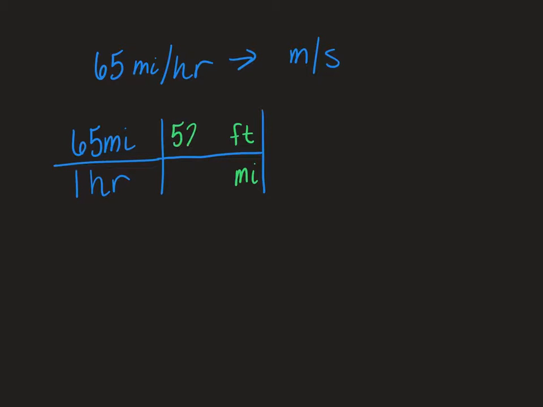So we put our 5,280 feet in 1 mile. All right, and now we need to get rid of our feet and change that to meters. So we're going to have to put feet here, and we need meters on top.